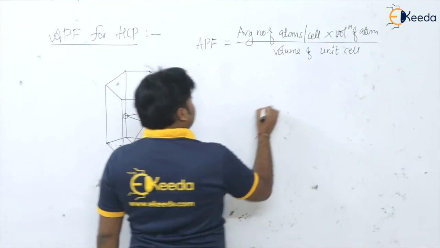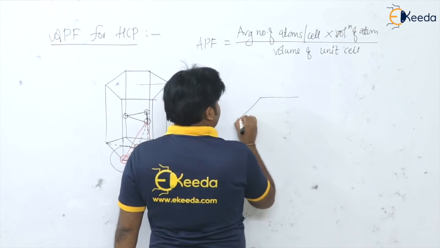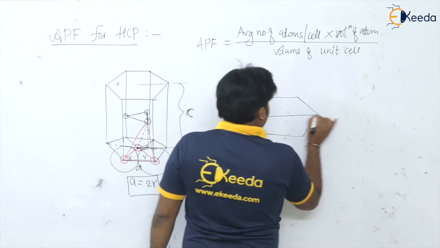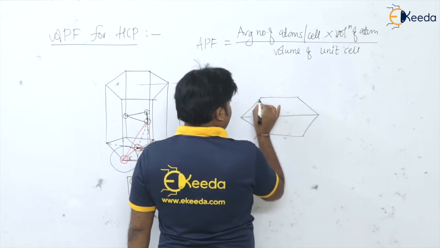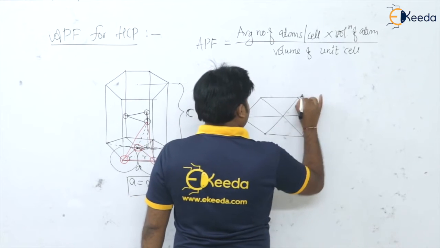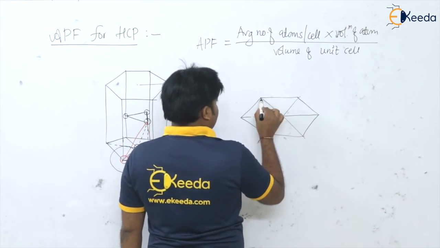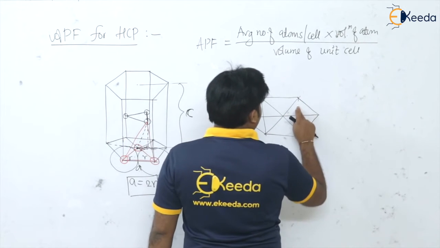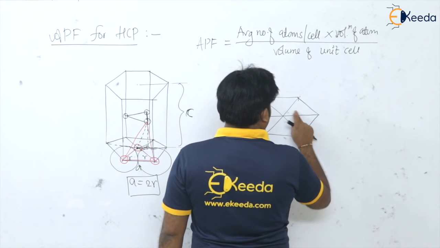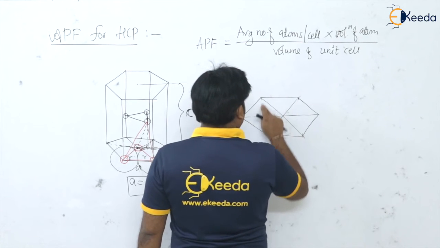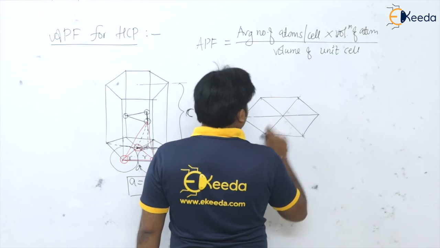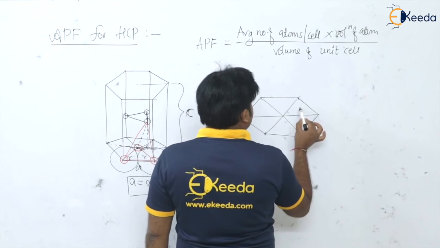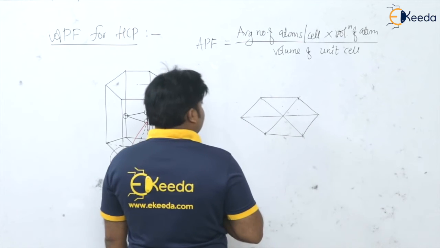So if I take this is the basal plane, so here, see here, how many equilateral triangles are you getting here? This 1, 2, 3, 4, 5, 6, isn't it?